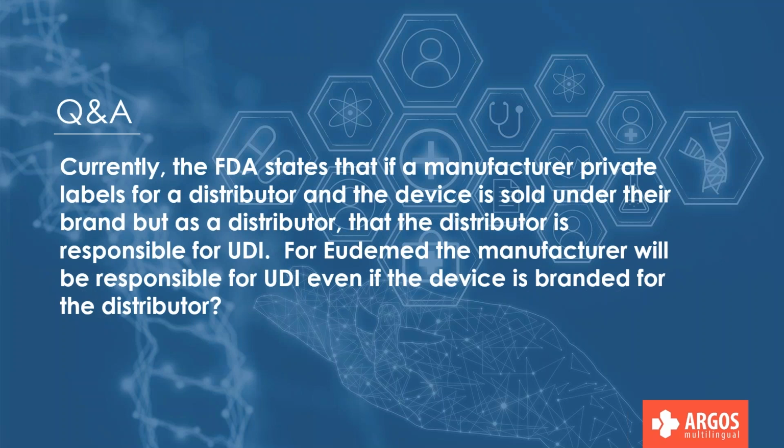That's not a distributor. They're a manufacturer in their own right, because it'll have maybe manufactured for so-and-so company, and then they're the manufacturer for that and would be responsible for the UDI. Long explanation, and I apologize. I tend to get wordy. So if you have further questions or want further clarification, I'd be more than willing to put that in writing for you and get it sent over.